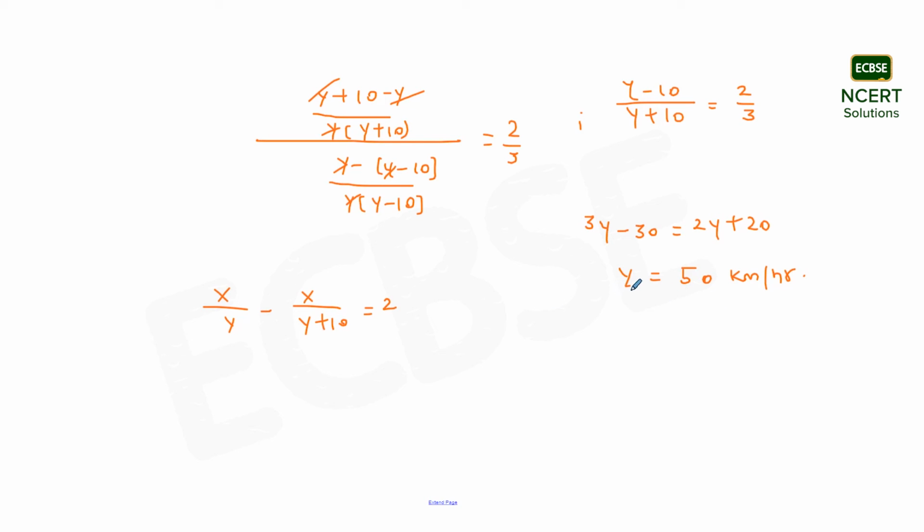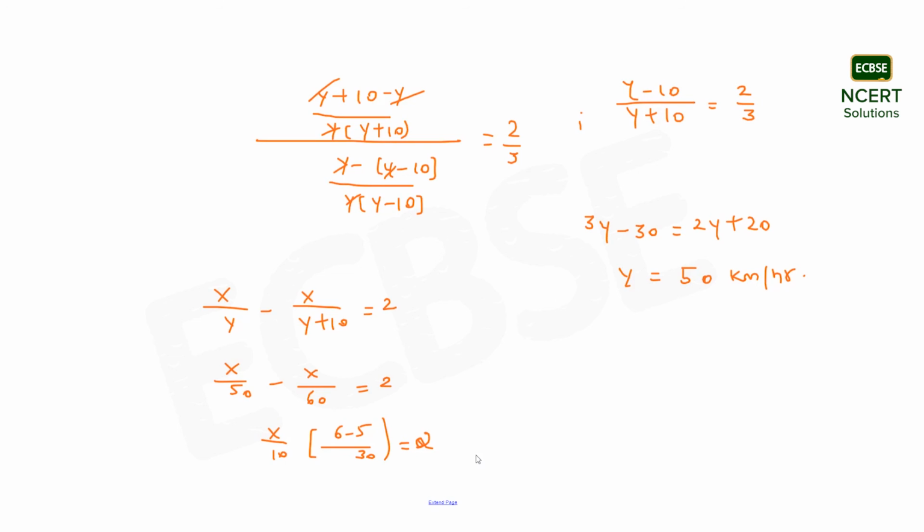By substituting the value of y in this equation, it will be x by 50 minus x by 60 is equal to 2, or x by 10, taking common outside, (6 minus 5) divided by 30 is equal to 2.